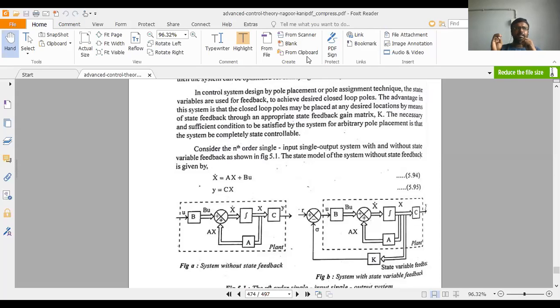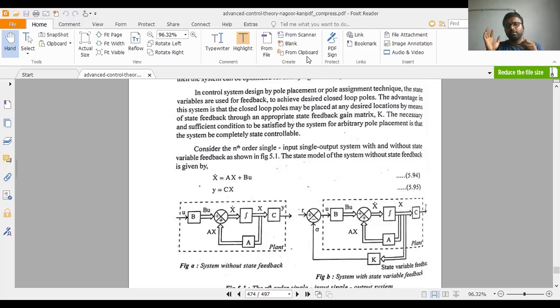Ackermann's formula is one of the three methods used for estimating the state feedback gain matrix.